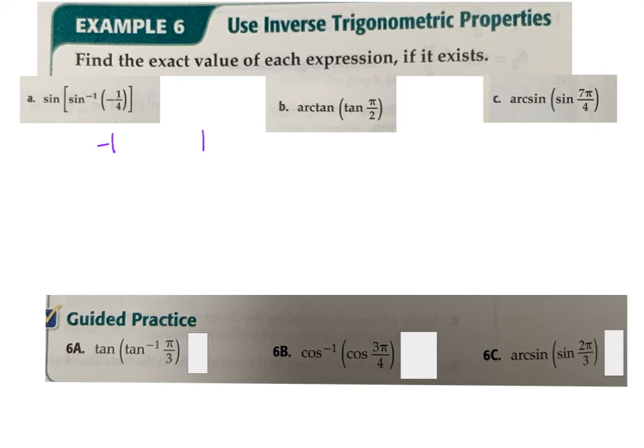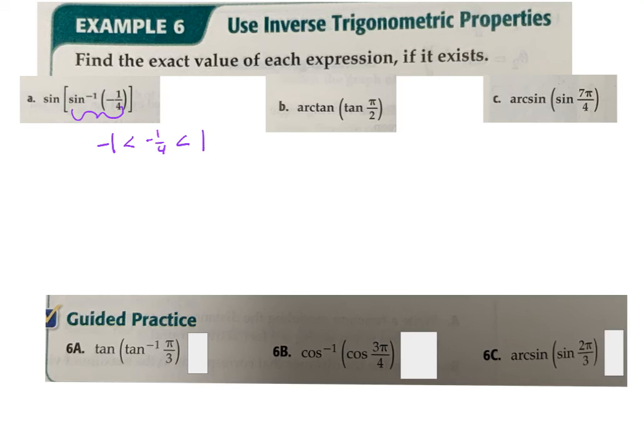So what I need to find out is, is negative 1/4 in that interval? And the answer is yes. So it's possible to take the inverse sine of negative 1/4. It falls in the range. So I am going to get some angle here. I don't know what it is, but then I'm going to take the sine and I should get negative 1/4.